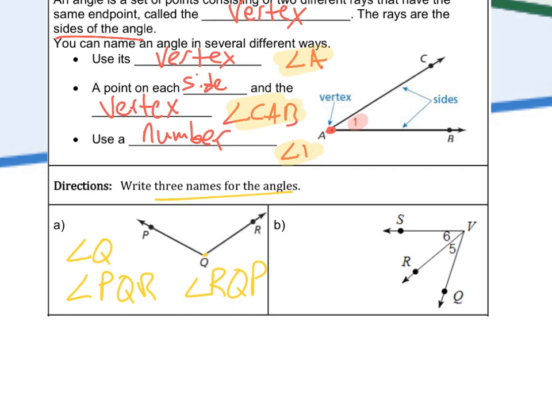Here, we've got a whole bunch of angles going on. We've got angle 6. This is angle 6 right there, which is also angle SVR. That's the same angle. And what's another angle? How about the big angle? We could talk about this big angle here. We could say angle SVQ.